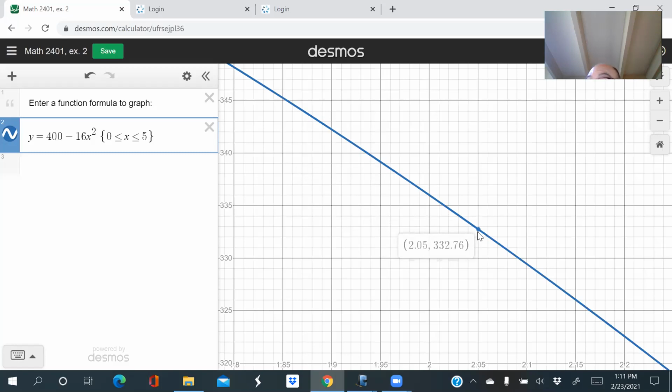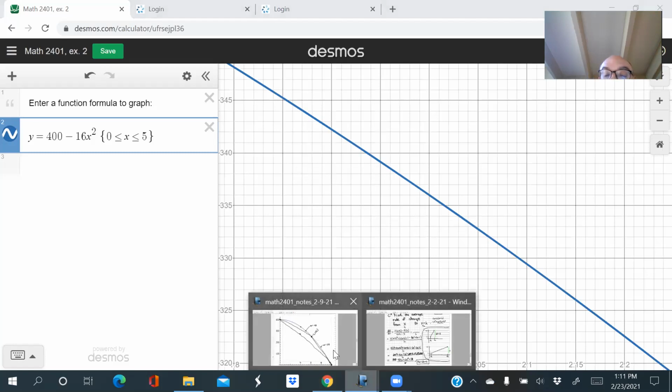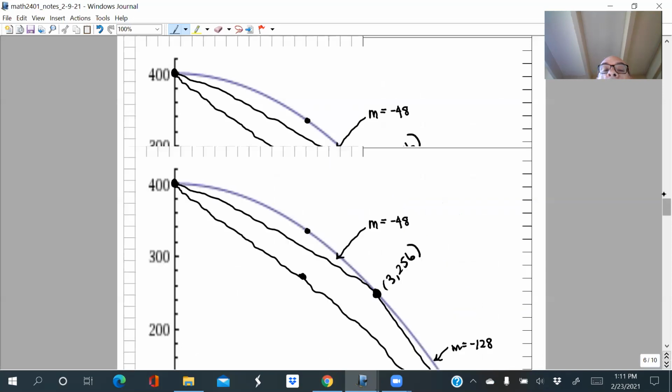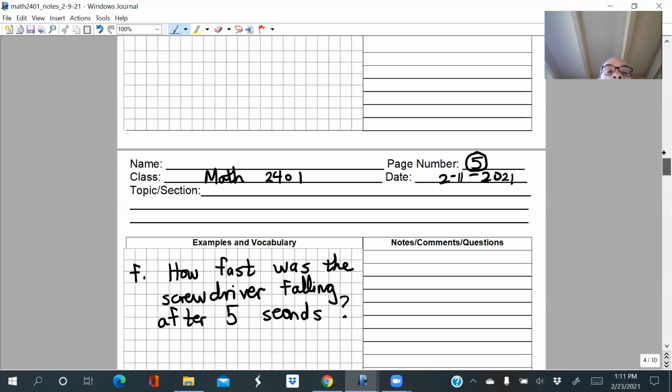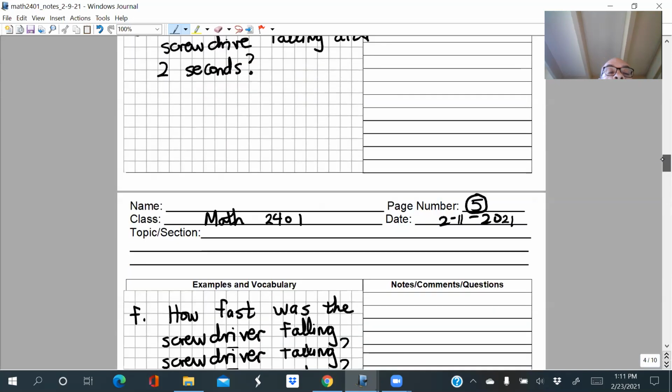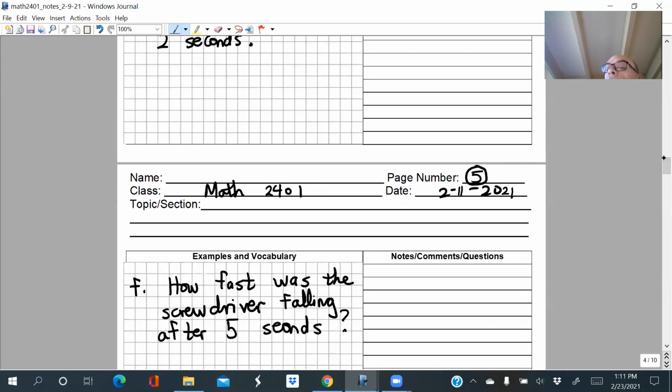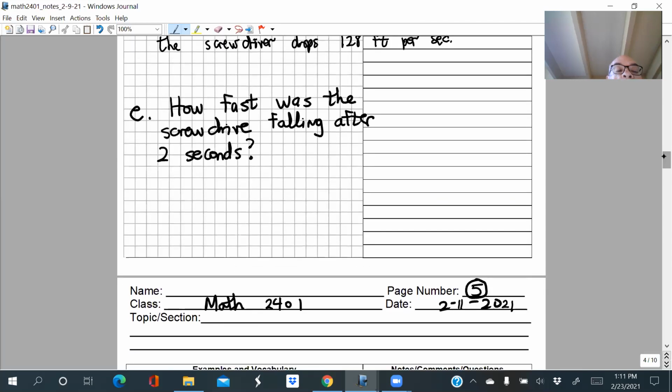Let me switch back to the notes here and do that average rate of change calculation quickly. So delta F over delta X is going to be, let's see, what X values did I use? 2.05 minus 1.95, right?